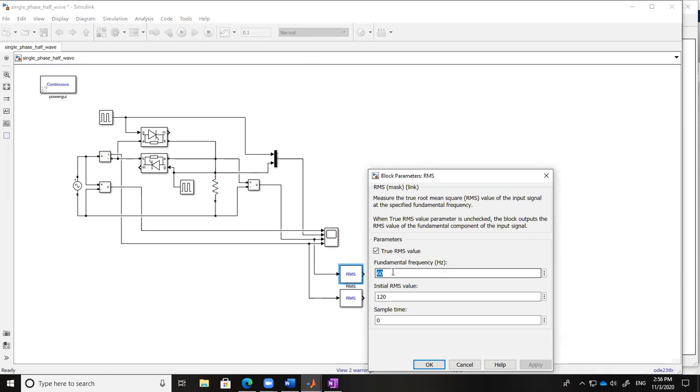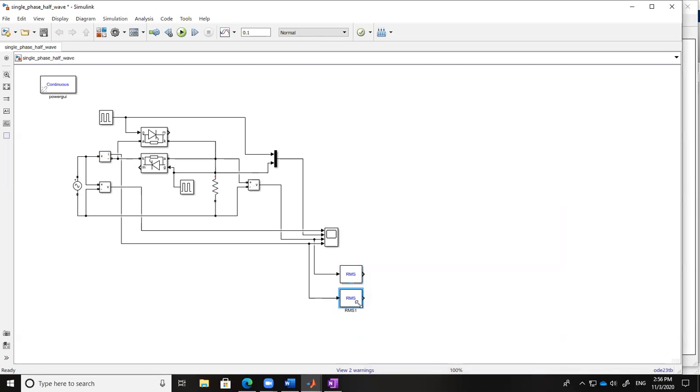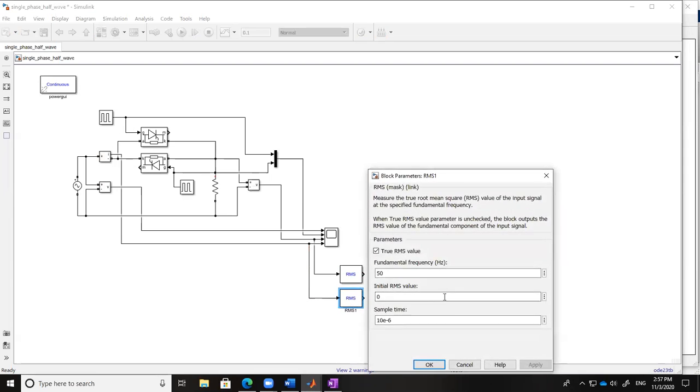Fundamental frequency is 50. Initial RMS is 0. And sample time is 10e minus 6, as we have done in the earlier case. And I will copy this so that I don't have to change the parameters again and again.